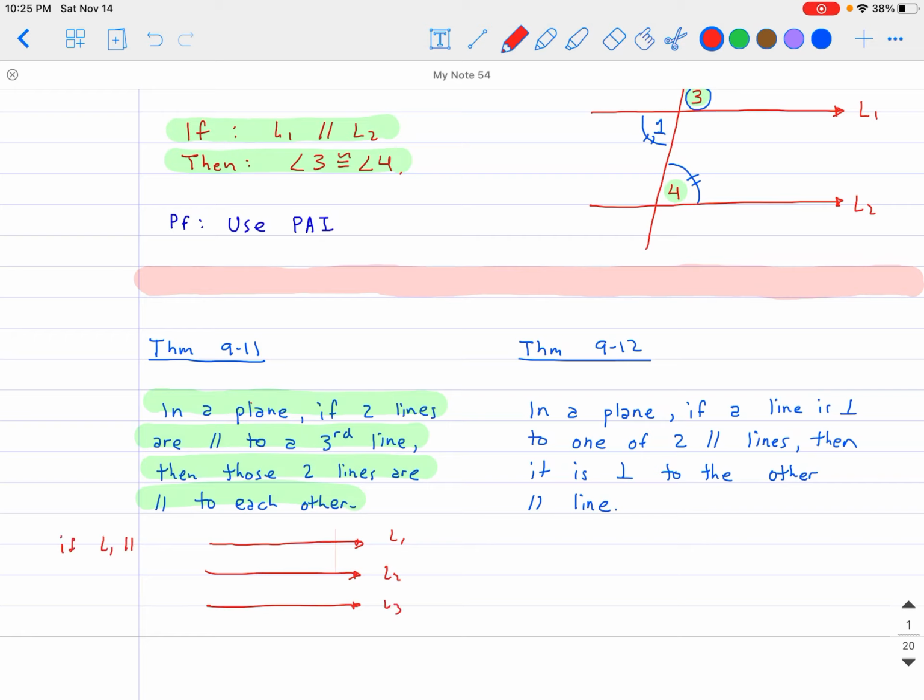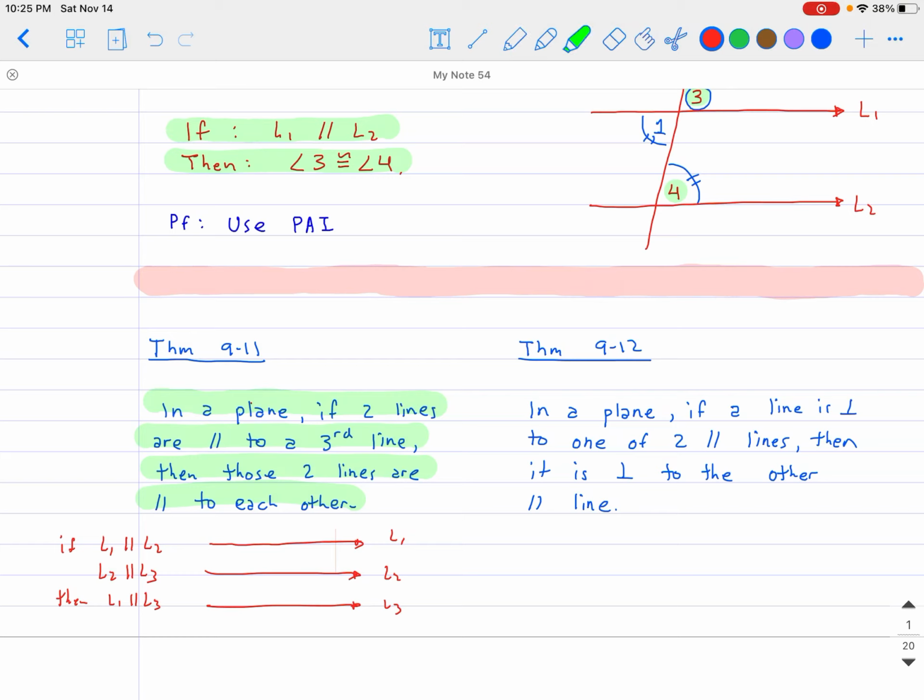If L1 is parallel to L2, and also L2 is parallel to L3, then the result is that L1 is going to be parallel to L3. So in other words, it's kind of like the transitive property for parallel lines. If the first is parallel to the second, and the second is parallel to the third, then the first is parallel to the third.